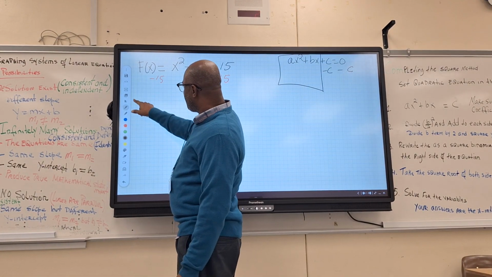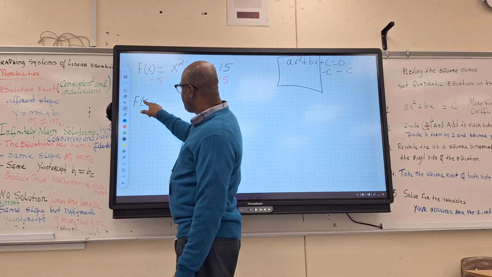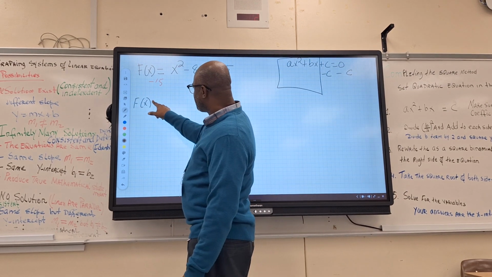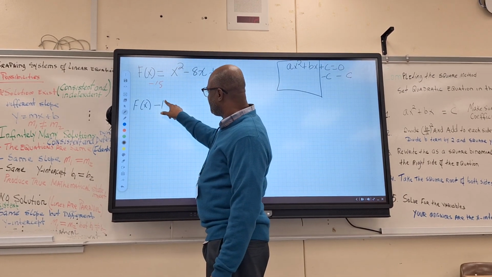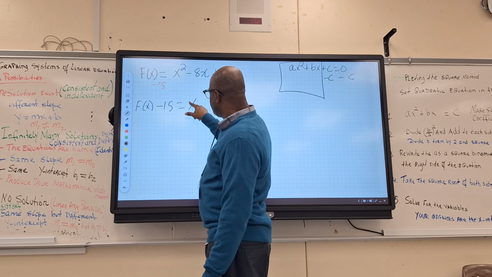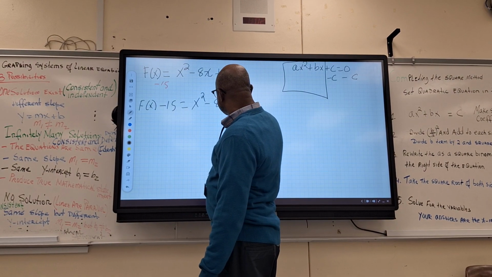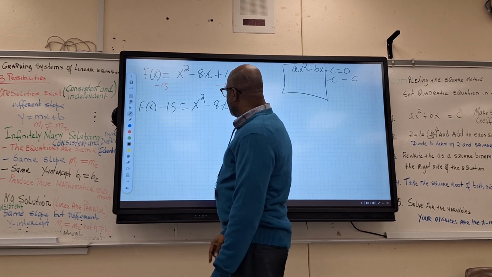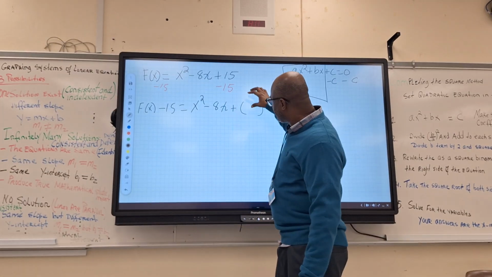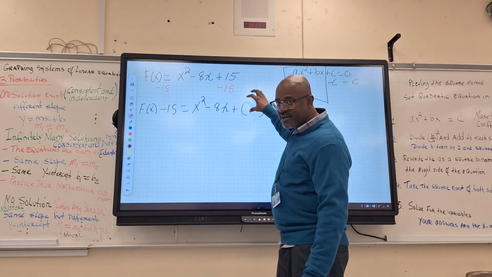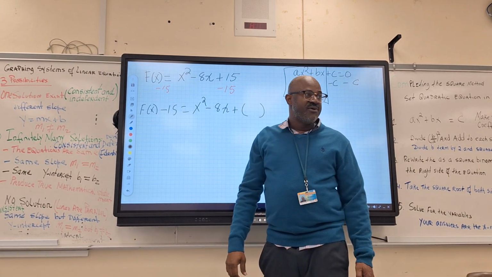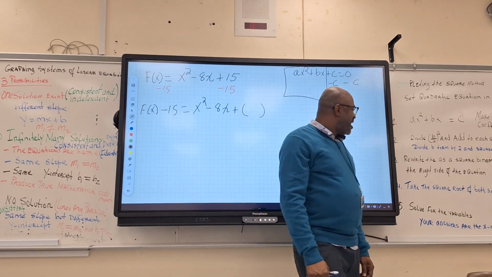So in this case, we'll have f of x, which is a fancy term for y. F of x minus 15 equals x squared minus 8x. Your goal is to find a perfect square here, so it can become a square binomial.